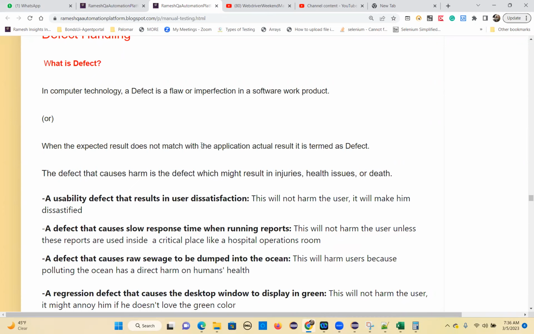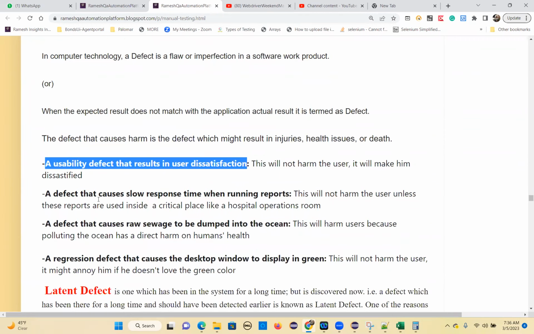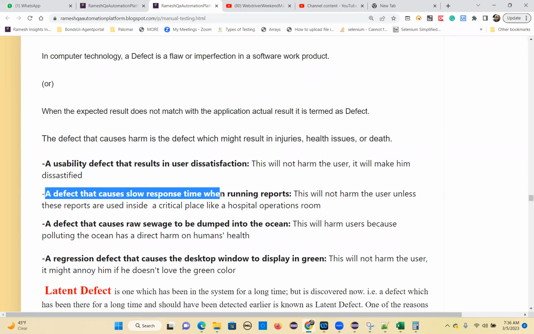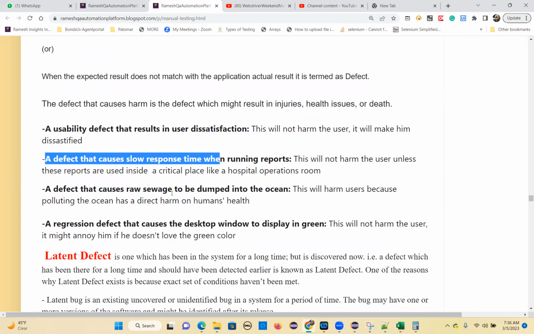The page is loading slowly, but it is loading, right? So this is also not a very serious problem. Usability is not a serious problem. A defect that causes slow response is not a serious problem.